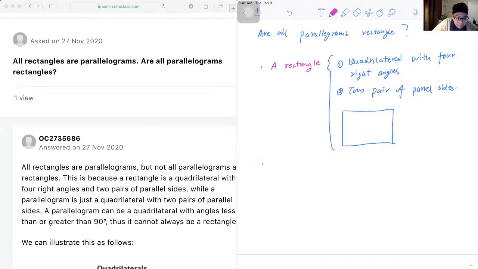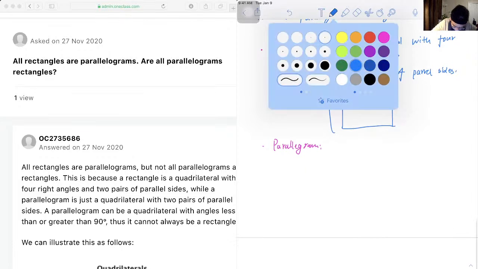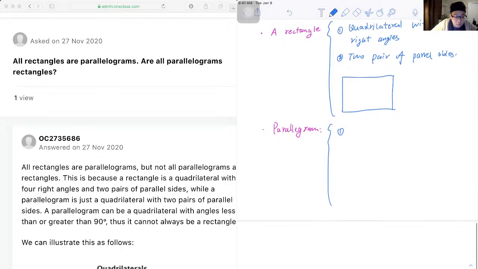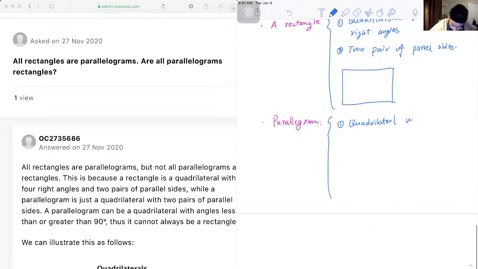And a parallelogram is just a quadrilateral with 2 pairs of parallel sides.